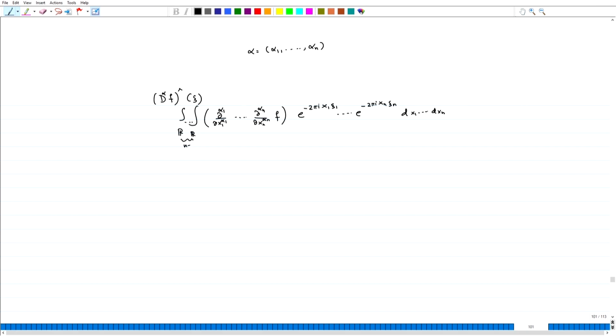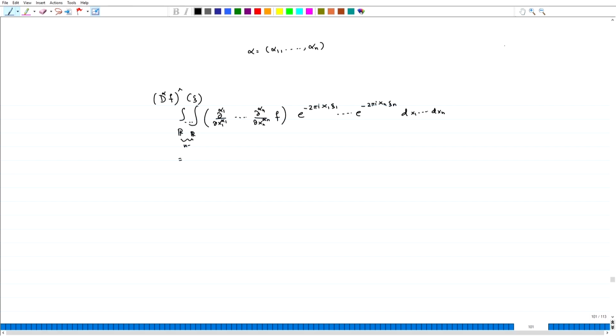So, first what we can do is take out all the partial derivatives up to alpha_n minus 1, and all these are independent of x_n. Then we get the derivative up to x_n minus 1, and then what one will get is the 2 pi i factor.